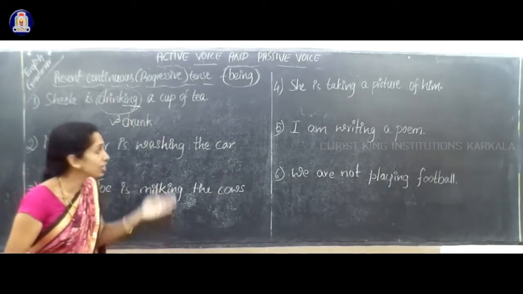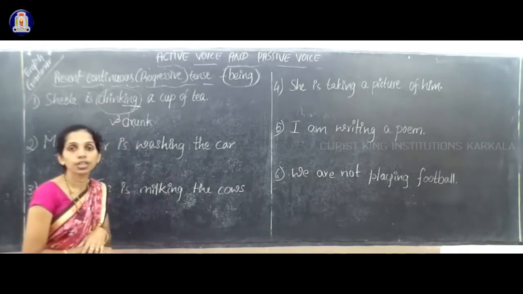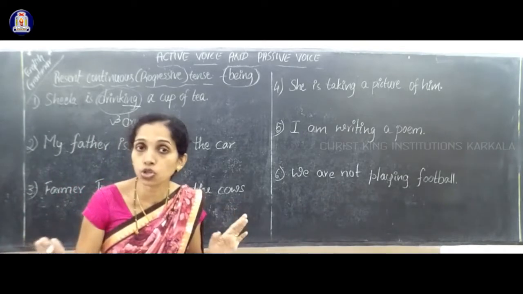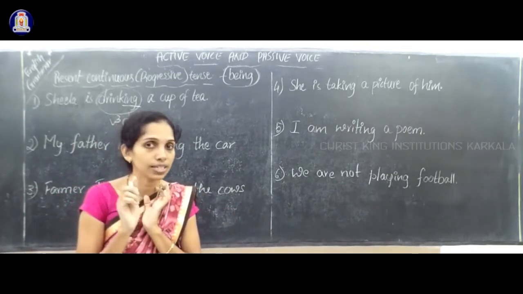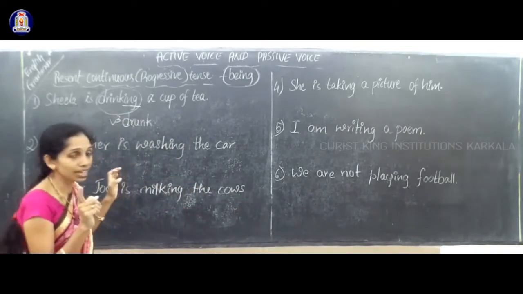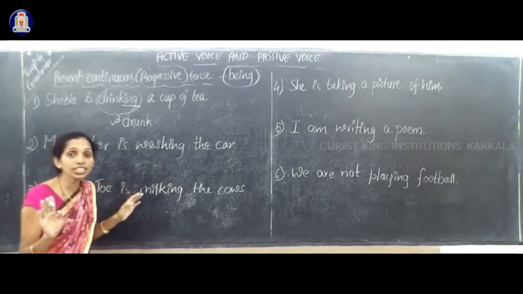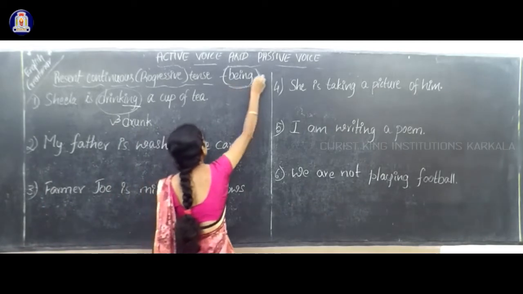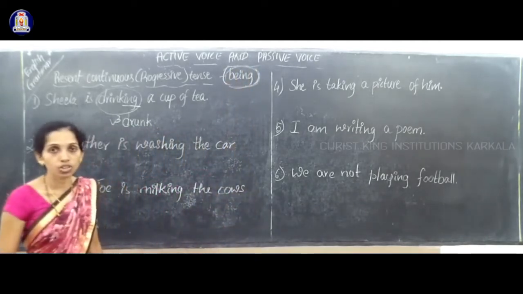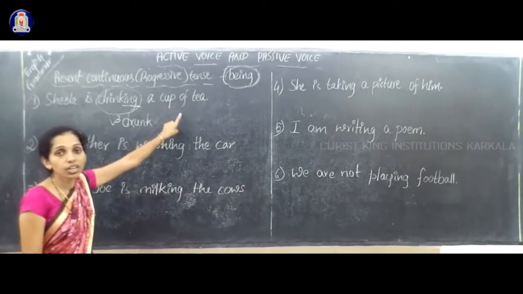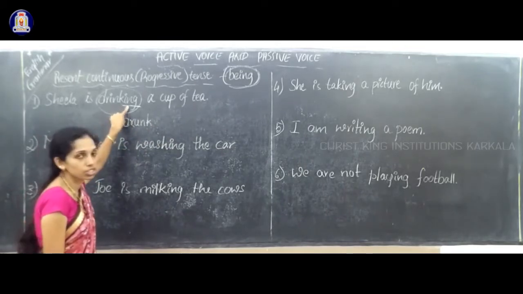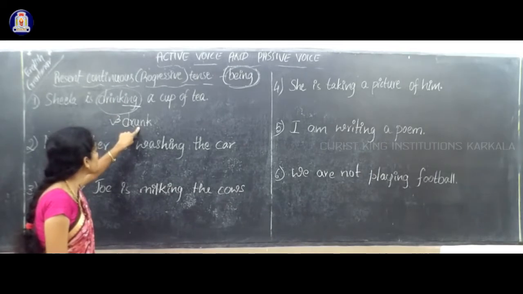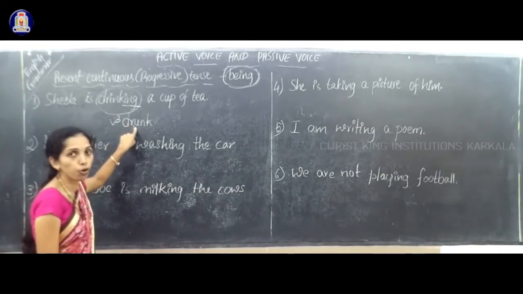Then how to refer to this continuous tense in the passive voice? While writing the passive voice, we are not supposed to change the meaning of the sentence. So we have to use being to refer to the continuous tense, because the main verb is in the past participle form.